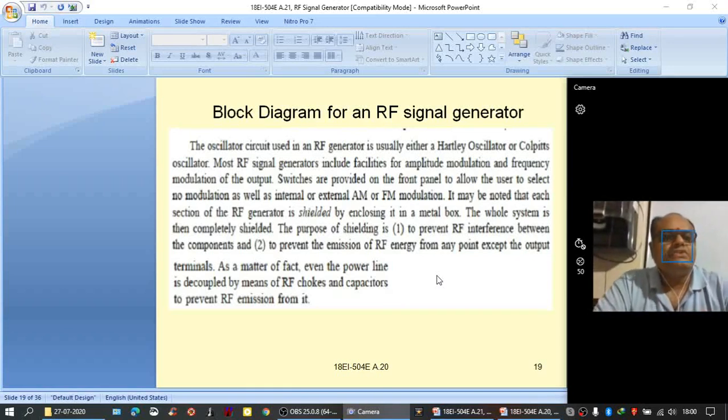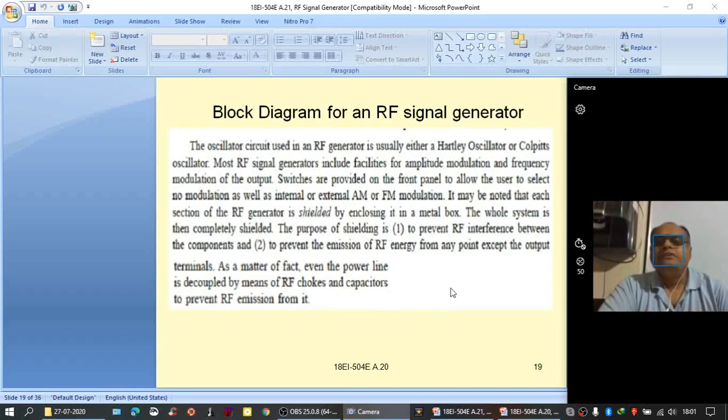But in practice, what actually happens is, in addition to that 1 volt and 20 megahertz signal, some external interference, either electromagnetic radiation or radio frequency interference, either increases or decreases the magnitude as well as the frequency. Both magnitude as well as frequency will change at the output. So what we actually expect from the signal generator is not available because shielding is not properly done to the device.